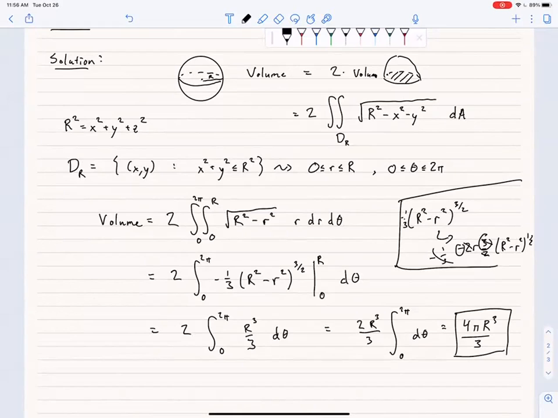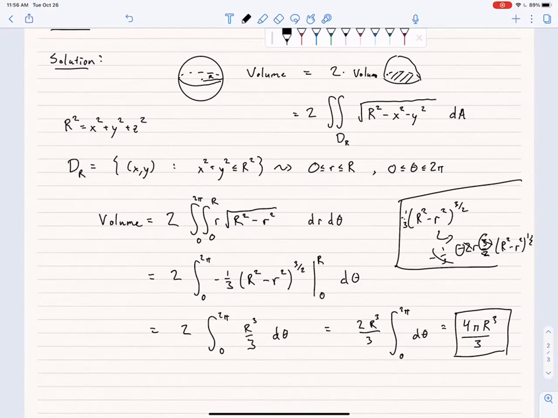Is that okay? I don't want to have to write du and all that too. Is it okay to do that? You guys can do it. Maybe it's easier to write the r over here.